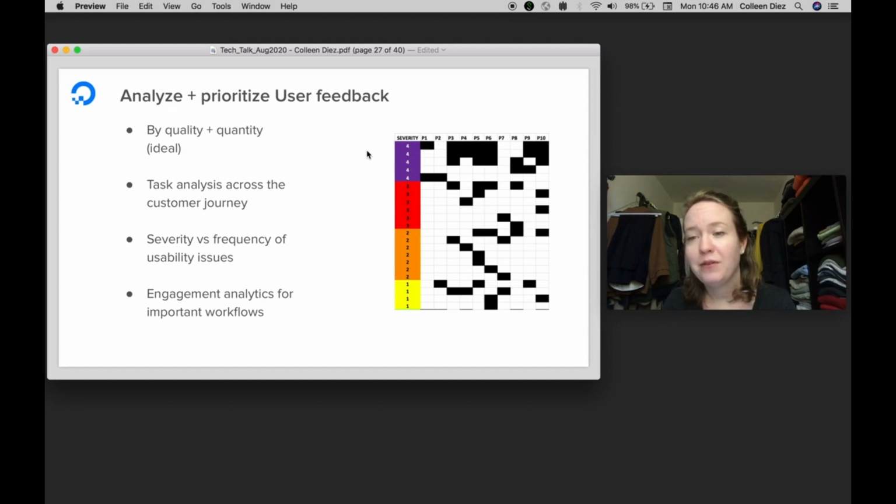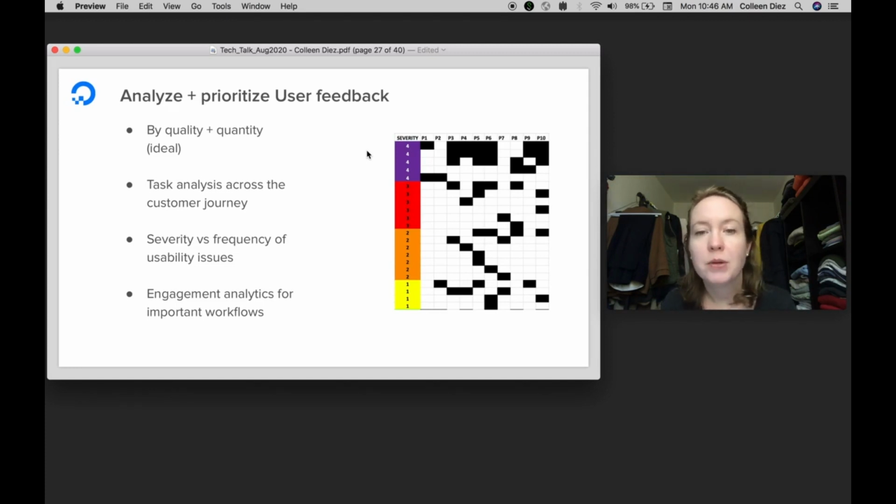The ideal way for doing this is by both quality and quantity. So one thing you could do is run a task analysis across your customer journey. You can also analyze usability issues according to both severity and frequency. So on the right here, I'm showing this from one of our data capture spreadsheets from a usability study.